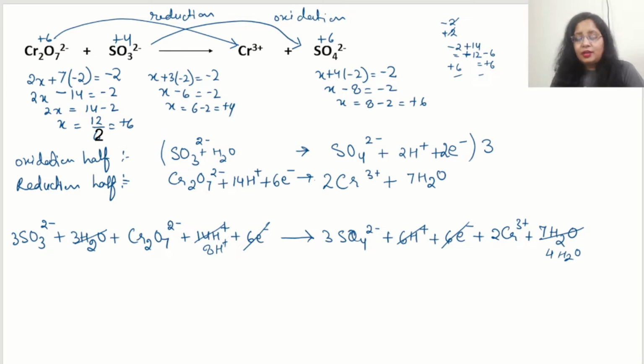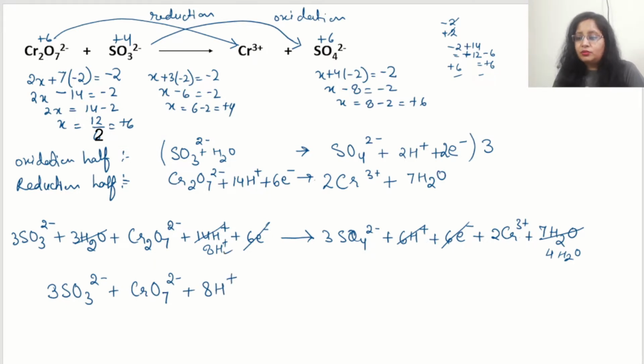Now whatever we need to cancel, cancel. Now let's write the final reaction. That will be 3SO3 2 minus plus Cr2O7 2 minus and plus 8H plus. See, we have this much.